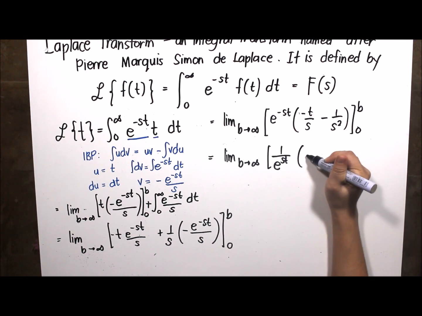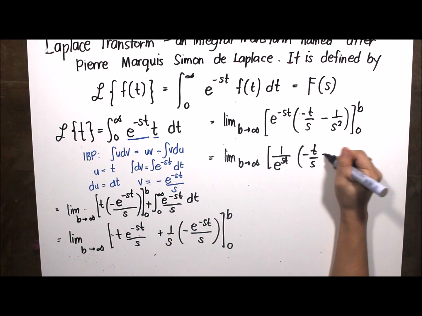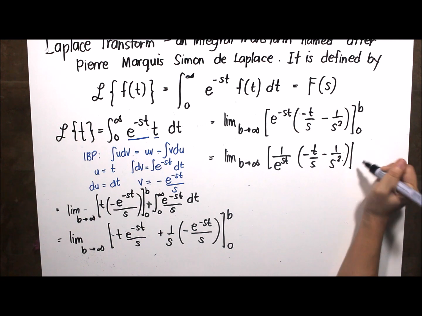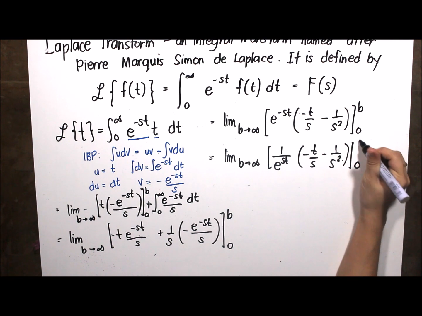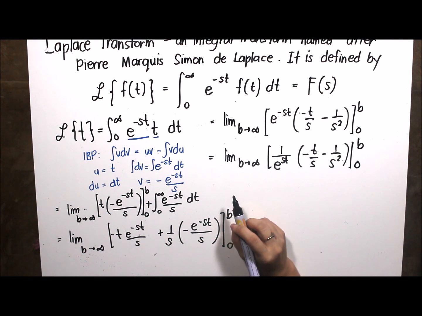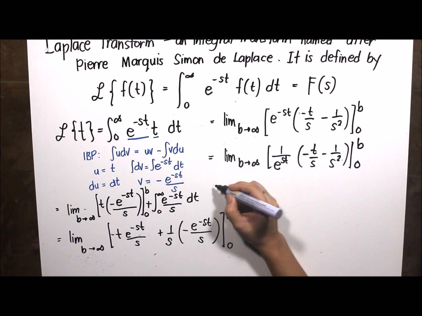Sorry, times negative t over s minus 1 over s squared. Again, limits from 0 to b as b approaches to infinity. So, if we're going to apply these limits, magiging ganito yung itsura nito.